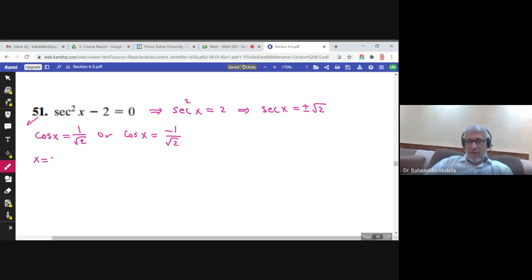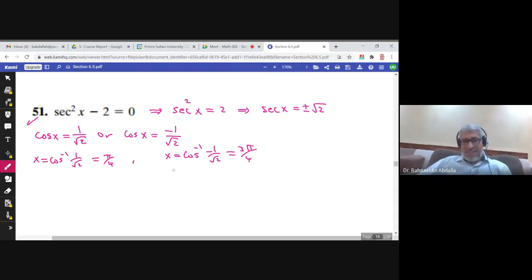Now, if you ask the calculator to find cosine inverse of 1 over square root of 2, it will say to you pi over 4. And if you ask the calculator to find cosine inverse of negative 1 over square root of 2, it will say to you 3 pi over 4.